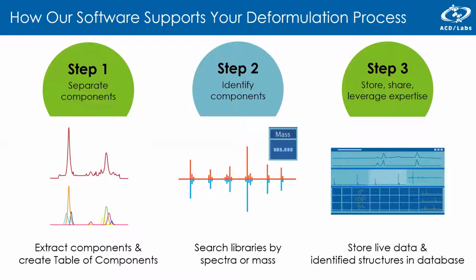Step three would be storing this data and leveraging your expertise. Our software has tools to assist in storing live data rather than a static PDF report, as well as identified structures in a database. So let's take a look at these steps in more detail.